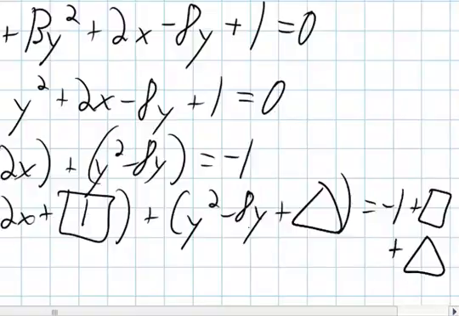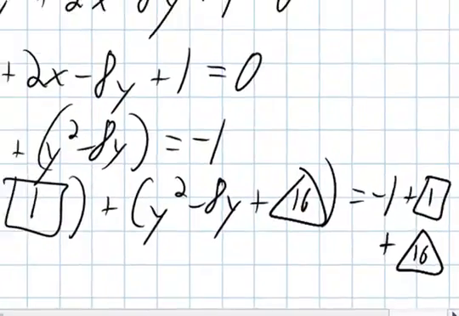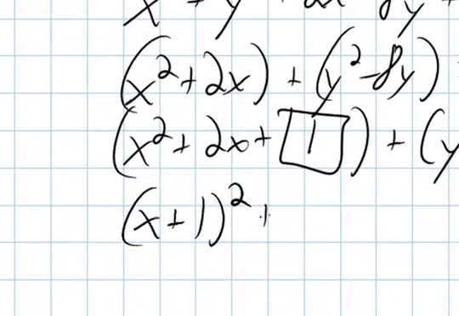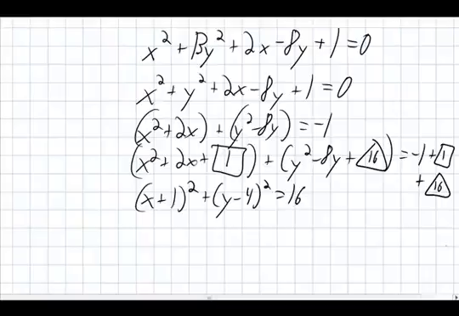Got 1, and then we have half of 8 squared is 16, 1 and 16. We end up with x plus 1 squared plus y minus 4 squared equals 16.